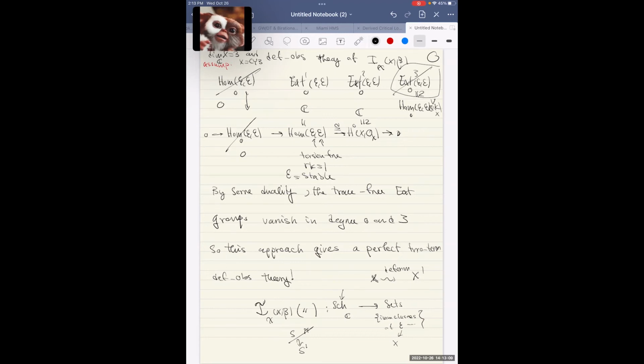So I'm thinking of this as X times S over S. If S is a point, I get X back. If S is a fat point, I get a fattening of X. If S is a one-dimensional thing, I get a family of X's.